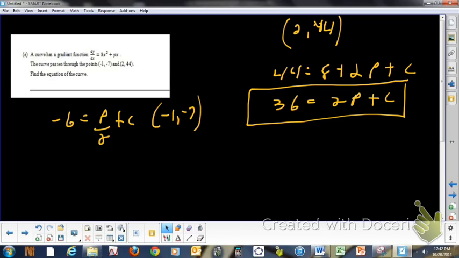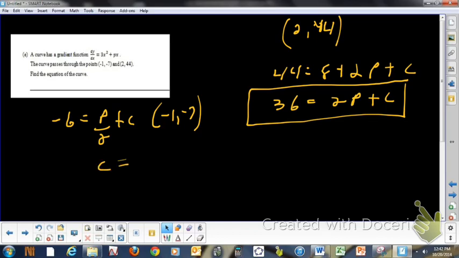Now, what do we do now? Well, we've got 2 things that we can do. We can rearrange one of these equations so that we can substitute in and solve. We could put one underneath the other, but I'm just going to rearrange one of these and make this one c equals.